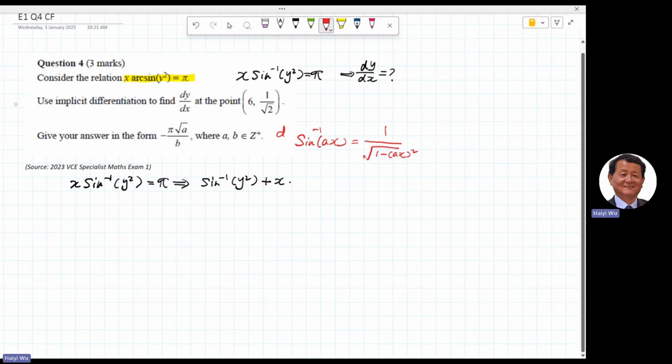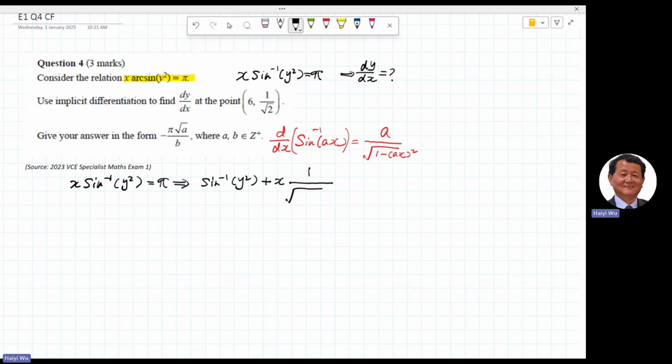So d/dx of sine inverse of ax is a over the square root of 1 minus a squared x squared. Sorry, we're missing an a on the top. At the moment, ax is y squared, and a is 1.